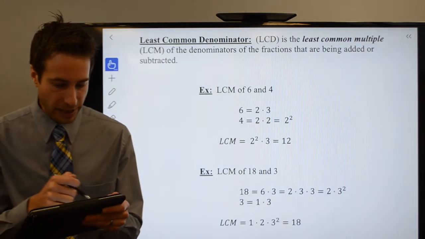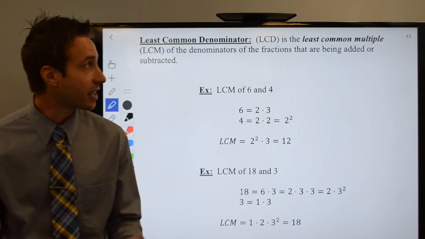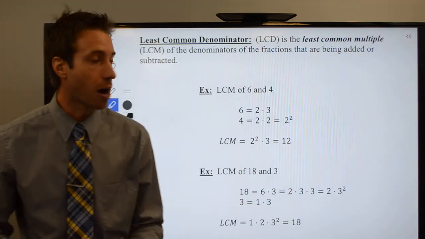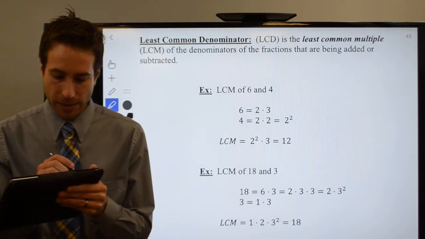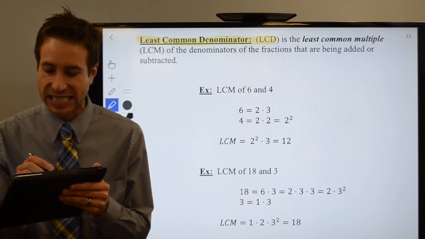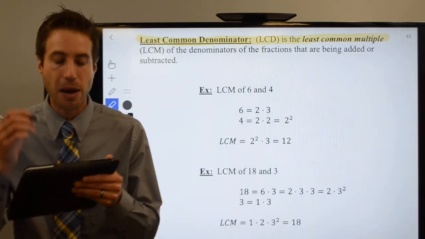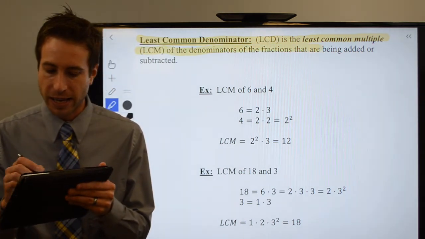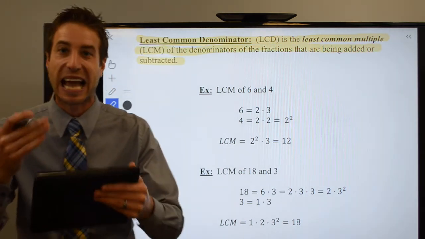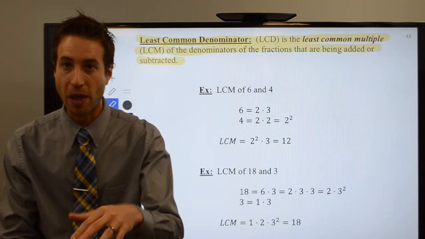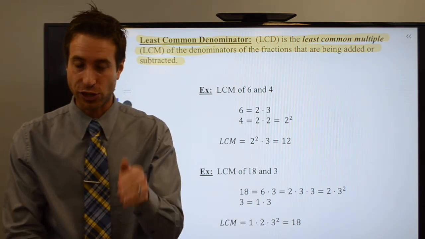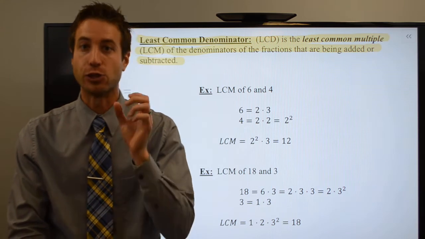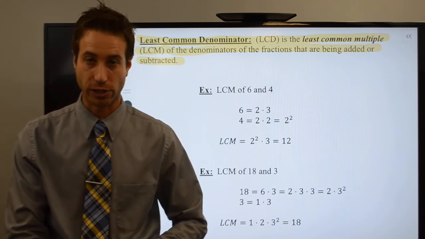All right, a little bit of terminology. Again, nothing new here. Least common denominator. The least common denominator, which we will call the LCD, is the least common multiple, the LCM, of the denominators of the fractions that are being added or subtracted. So the goal in this section, Chapter 8, Section 2, is to add and subtract rational expressions.